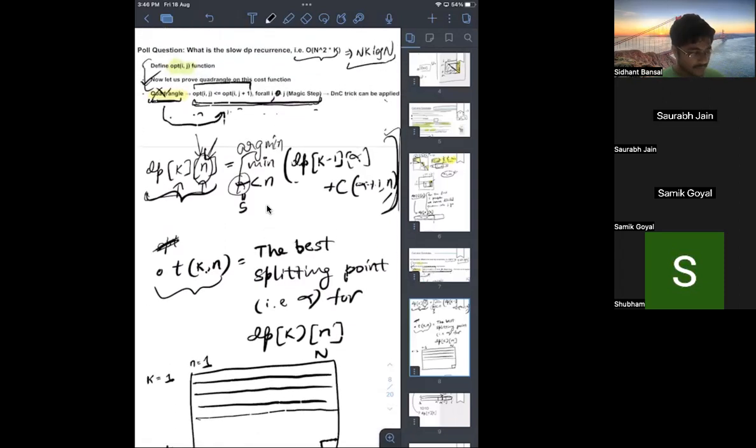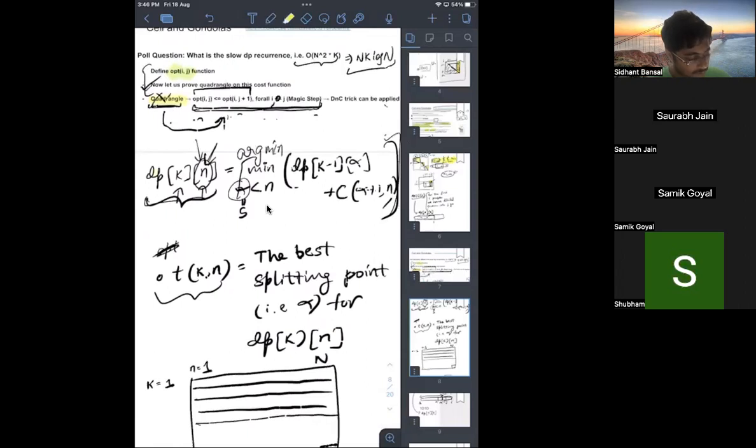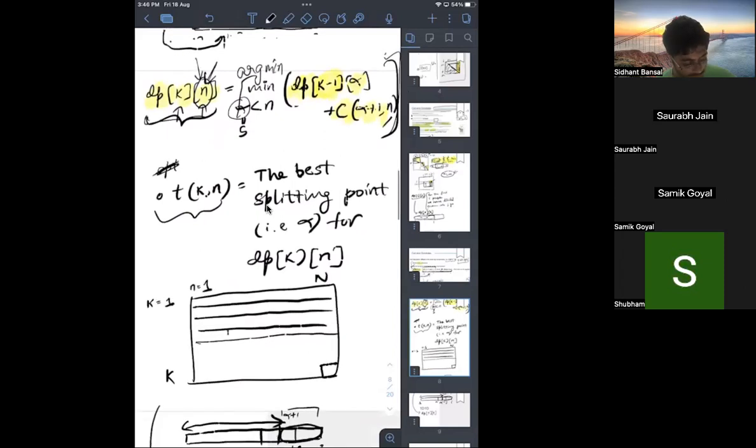And also notice, based off your recurrence, that dp[k][n] is dependent on the previous row, that is k minus 1, alpha, and the cost function. So each element here can be calculated if we know the entire previous row. Is that correct? That a given cell can be calculated if we know the entire previous row.